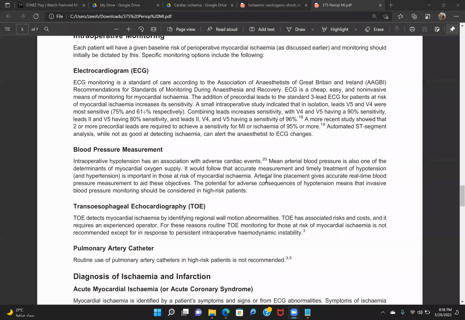Depending on the wall being involved, the symptoms may range from bradyarrhythmias to signs of heart failure. If you have invasive lines like CVP or a pulmonary artery catheter, there may be elevated filling pressures.